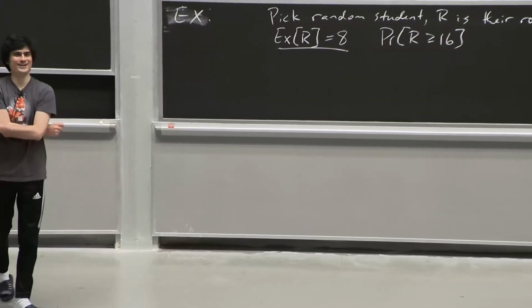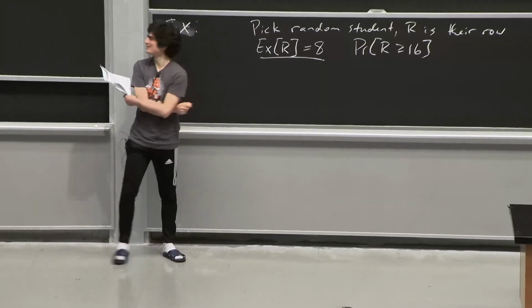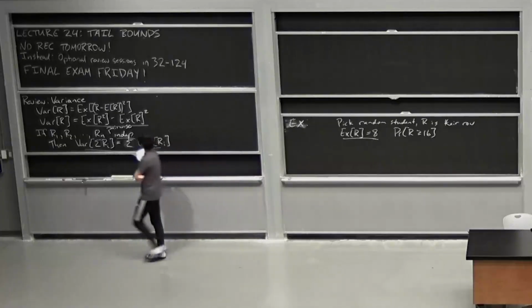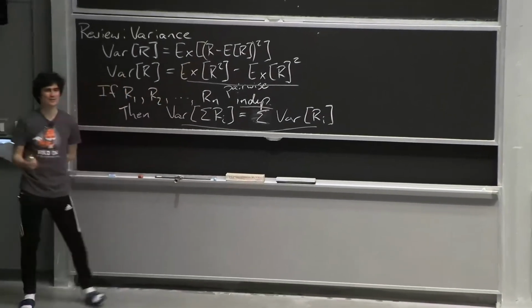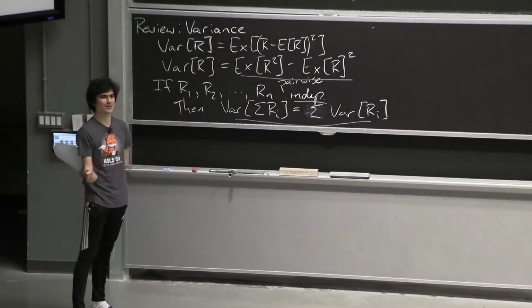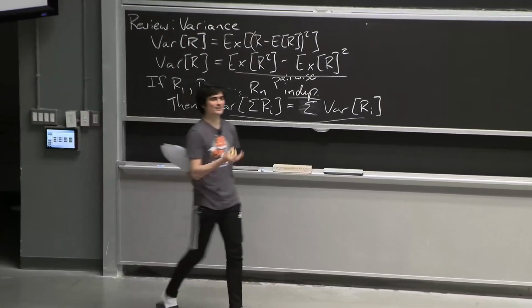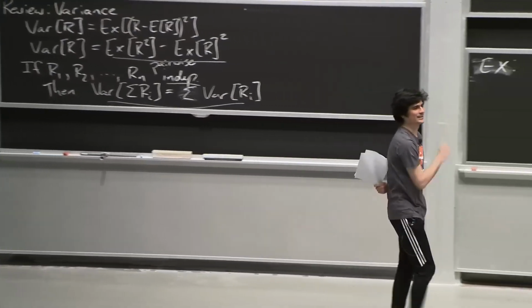No. That requires more information, right? We need to somehow figure out the expectation of (R minus 8) squared. So we need to know something more about R than just its expectation.